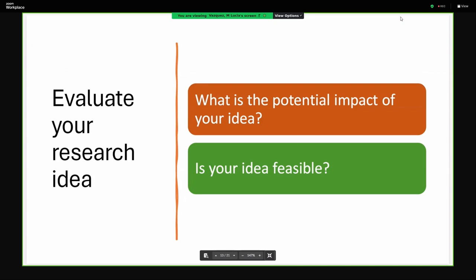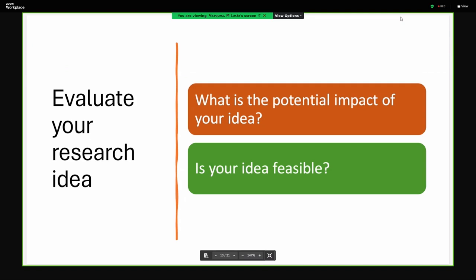Then zoom out and think about the potential impact. Am I going to affect just my field, or could it have an impact on society, my community? You need to think about that.